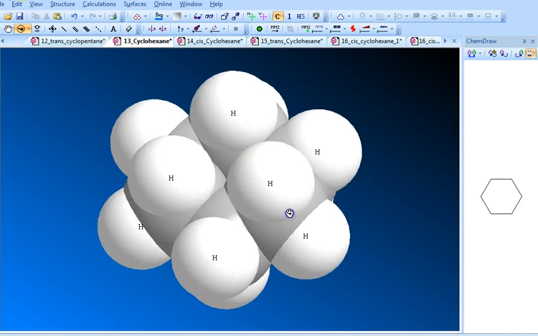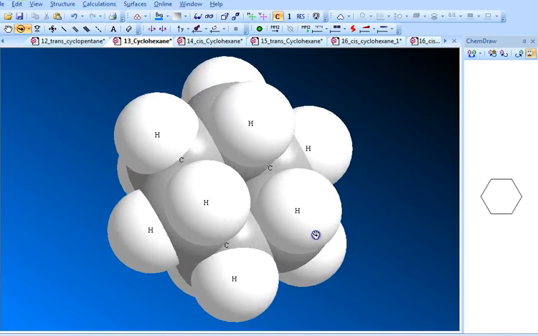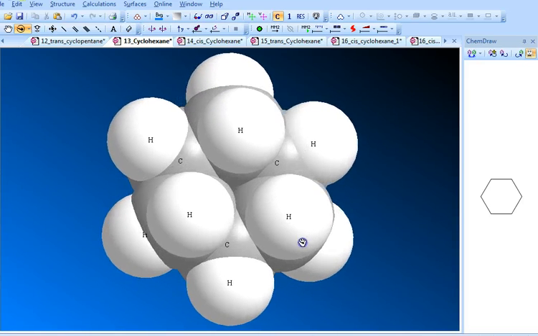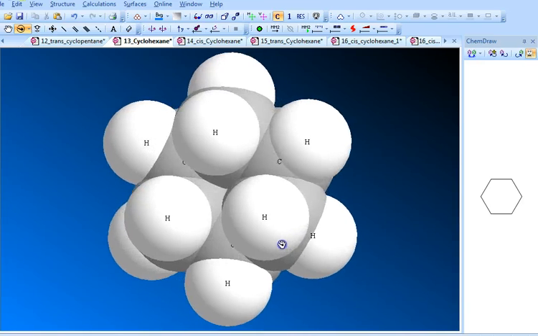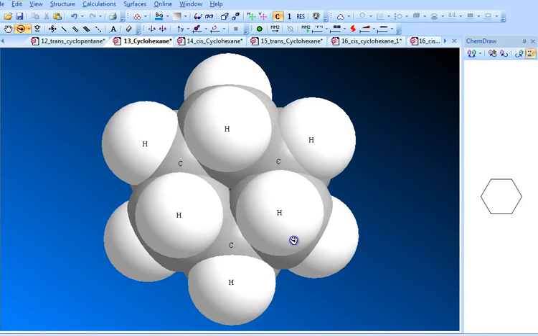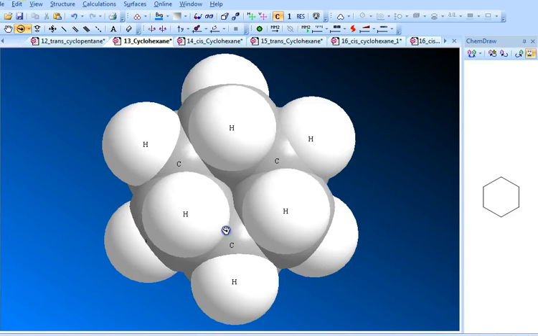So here, if you look at it from the top, what you see is there are 6 carbons: 1, 2, 3, 4, 5, 6 carbons.